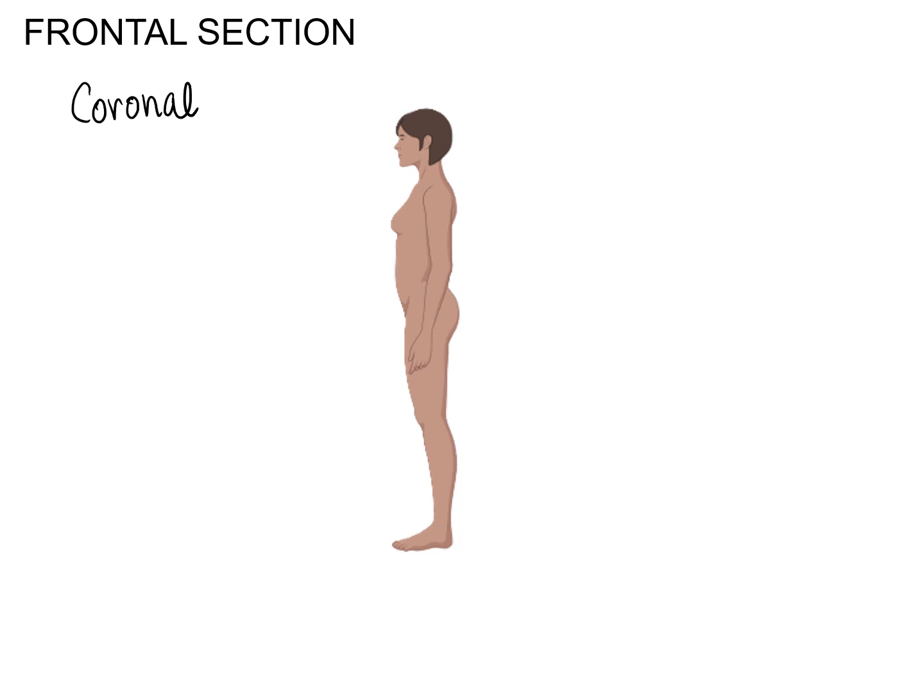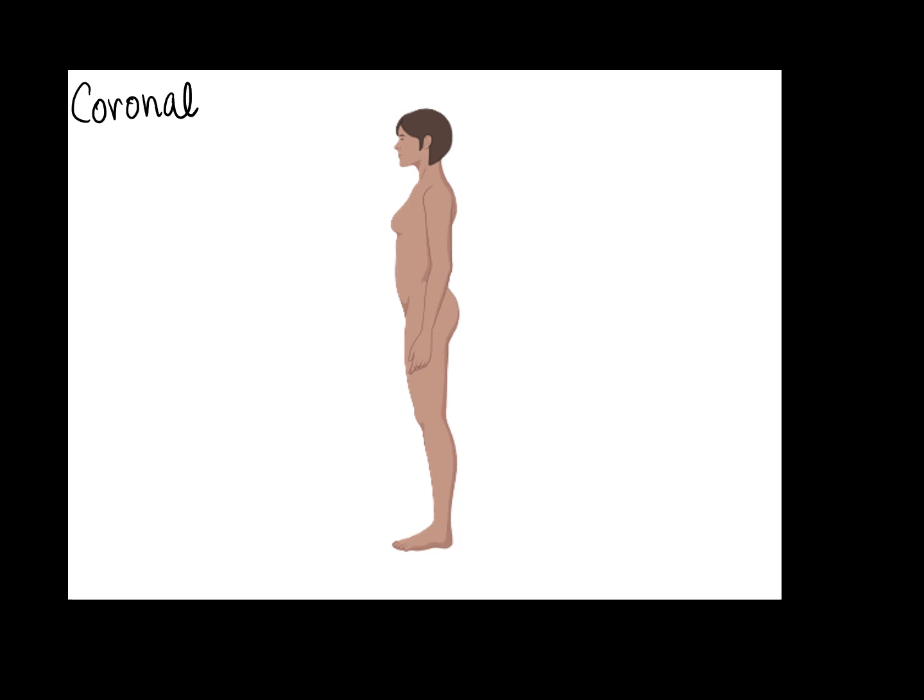So connecting your forehead to the rest of your skull is a suture that is called the coronal suture. And frontal sections run along a coronal or frontal axis, dividing the body into a front and a back section, much like this, right? Dividing it into an anterior and a posterior section.